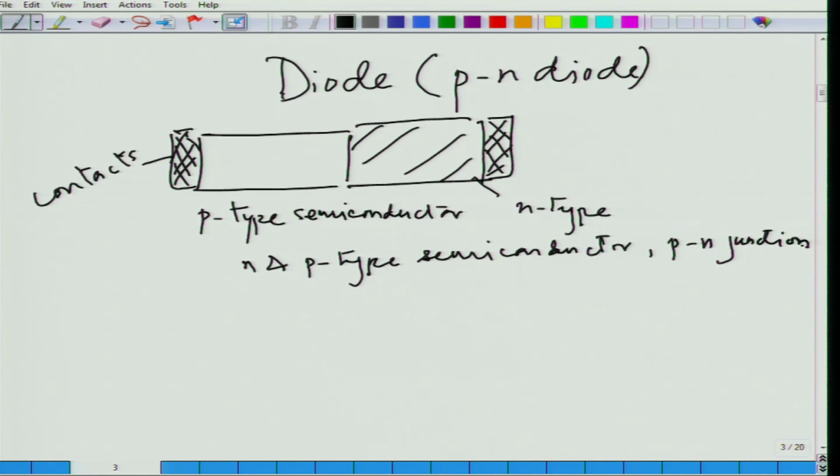So, the junction of importance here is the p-n junction between the p and n type semiconductor. Now, you have already learned earlier how to represent this device in terms of an energy band diagram.